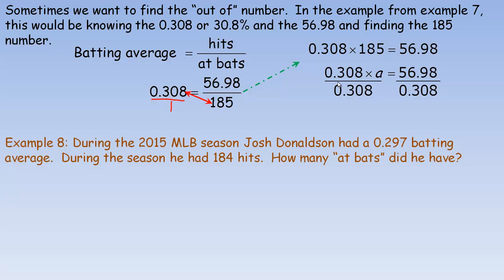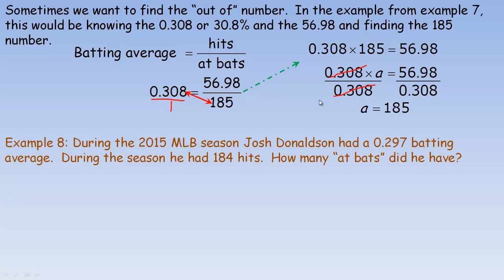So this divides out, and if we divide 56.98 by 0.308, that's how you get the 185. You're using dividing to get the out of number. I'll call it the out of number.